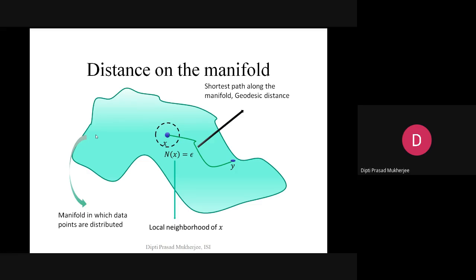But there may not be a plane. There may be a nonlinear surface. And this manifold is that nonlinear surface. See? So here is a point X. Can you see the point X on the manifold?